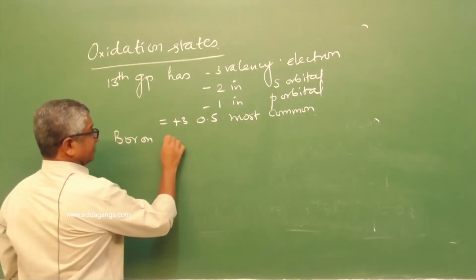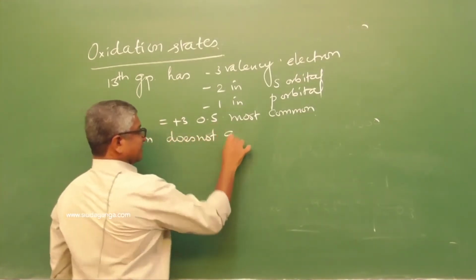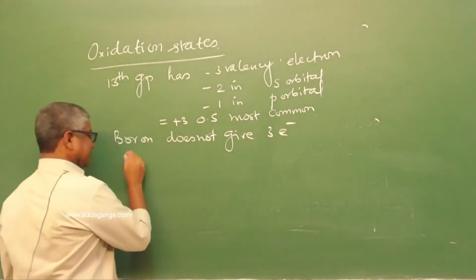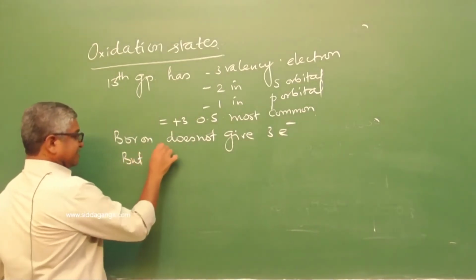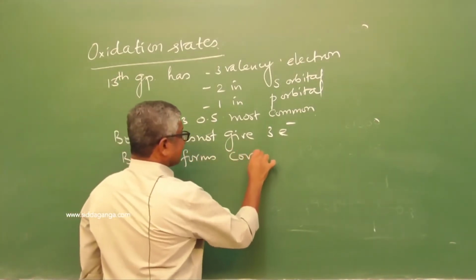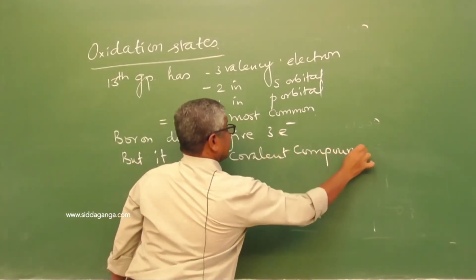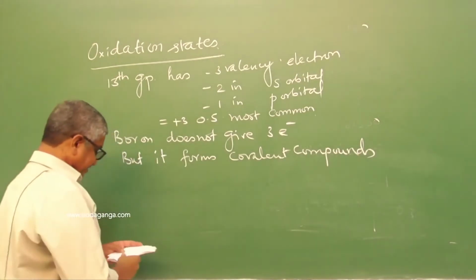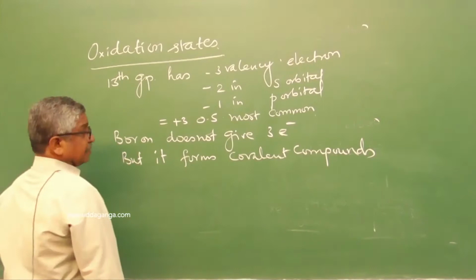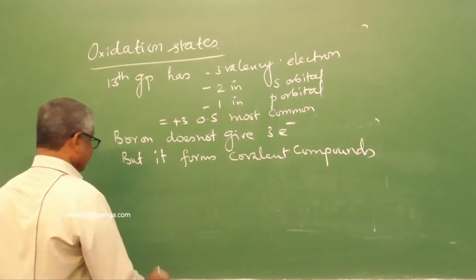But boron does not give up 3 electrons; it forms covalent compounds by mutual sharing of electrons.